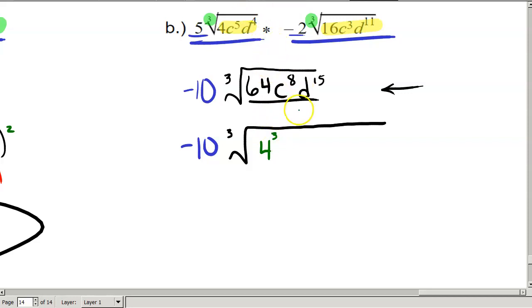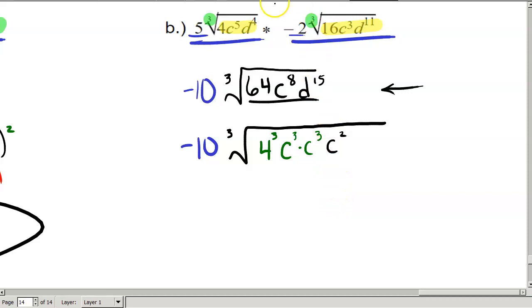How many c cubes do I have in c to the 8th? I'll just think about 8 divided by 3. 3 goes into 8 twice, and I have then 2 remainder. But if I write that out, sometimes I just like writing it out the old-fashioned way. So I got c cubed, times, and then I have c squared left over, right?